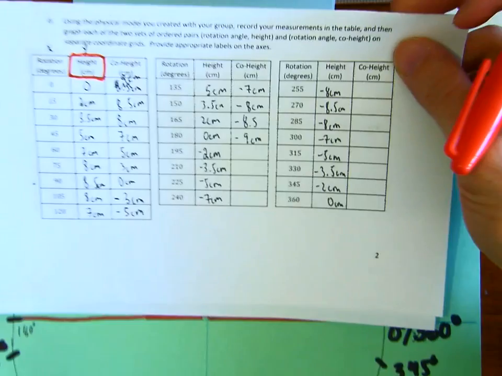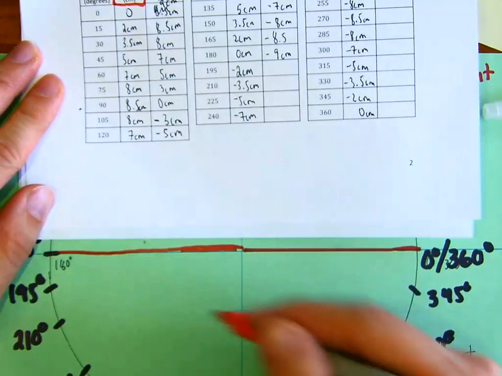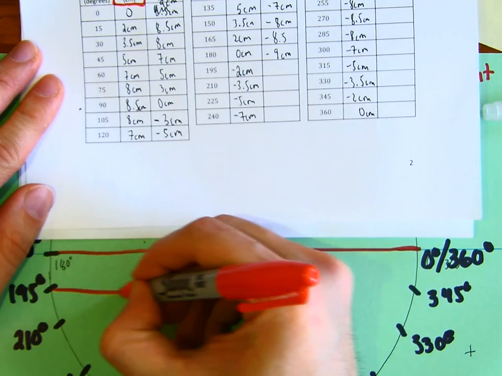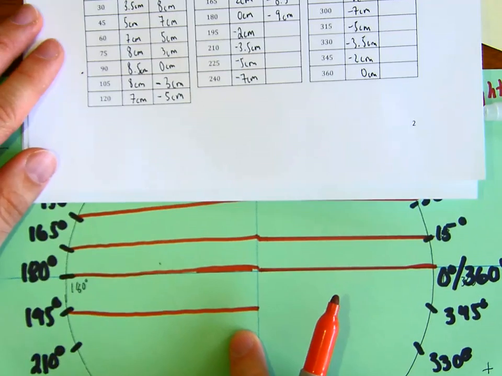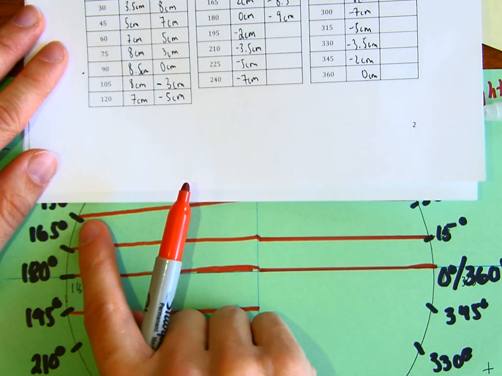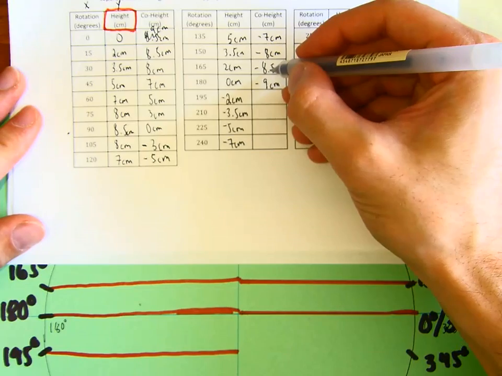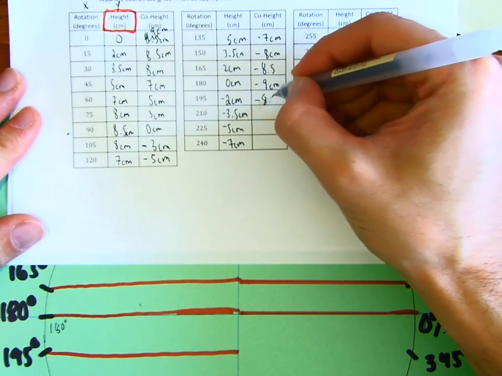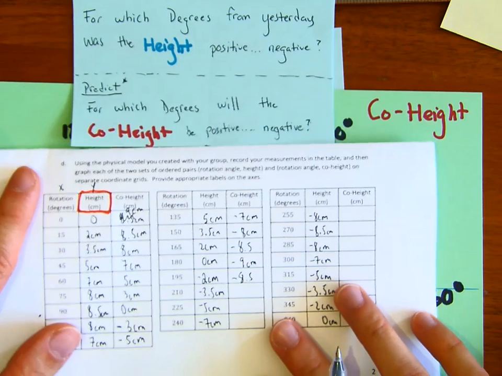Okay, so let's see. For 195, the CoHeight of 195 will be the same as 165. So notice at 165 it was negative 8.5. This should also be negative 8.5. And notice here how you should see a pattern.